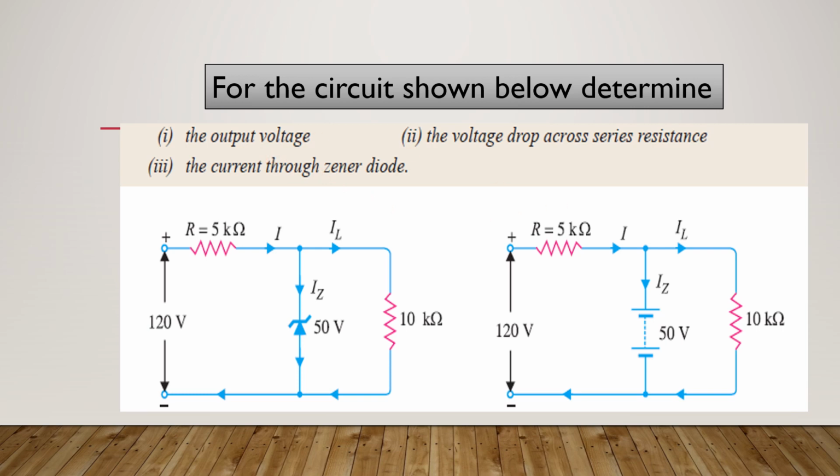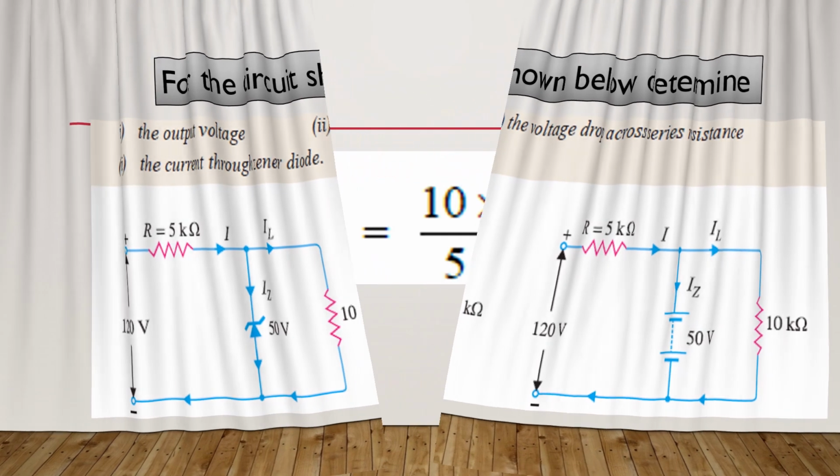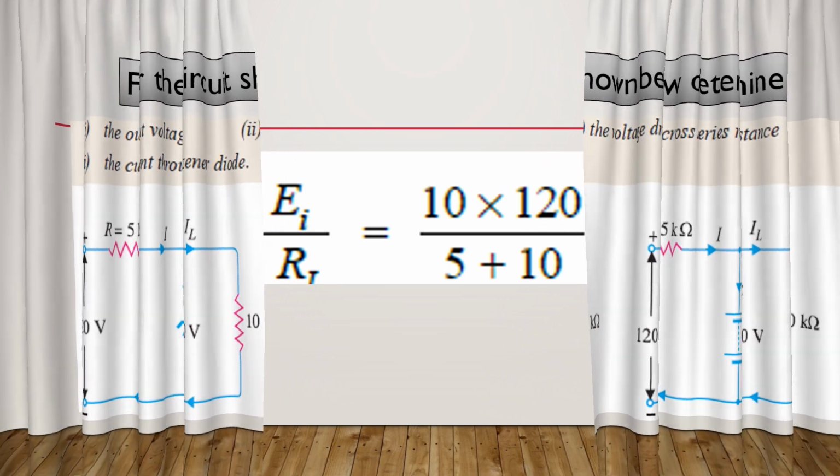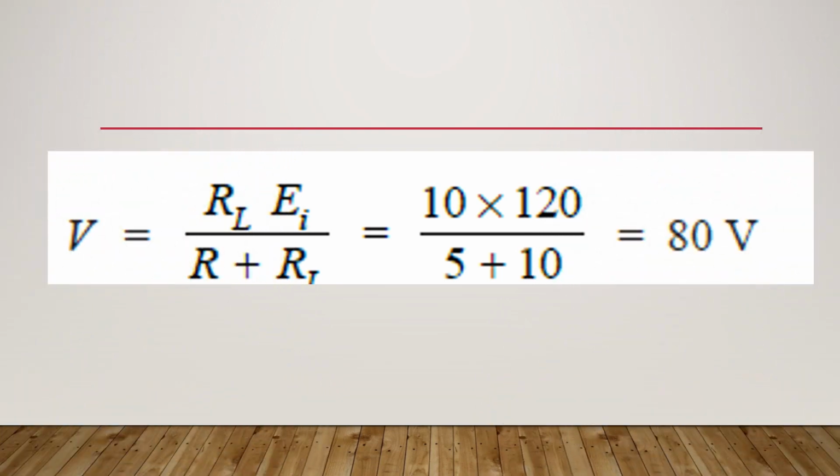How do we determine the output voltage across the Zener diode? The output voltage will be equal to the load resistance times the input voltage divided by the total resistance.